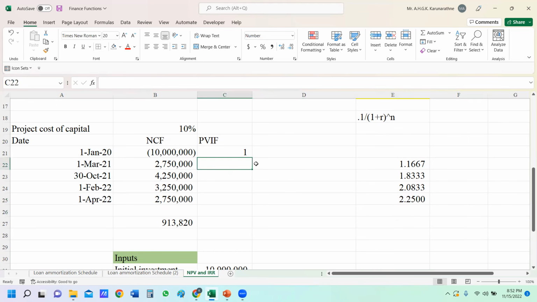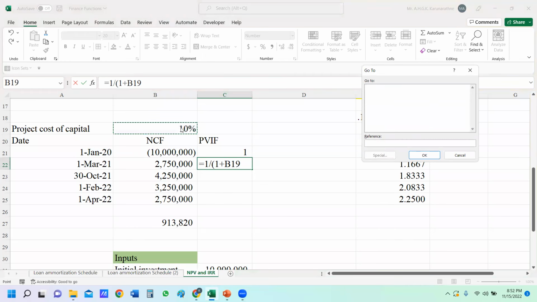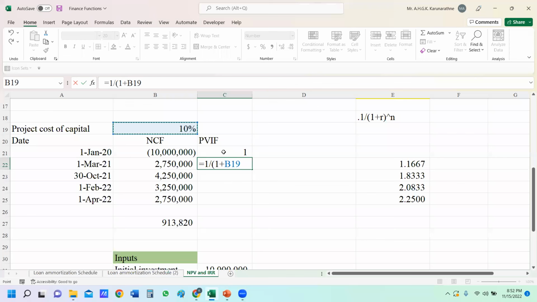Okay, now we can apply. So what is the discount factor? How to compute the discount factor? This is the formula. Here, 1 divided by 1 plus R, where we can make R constant, to the power n.